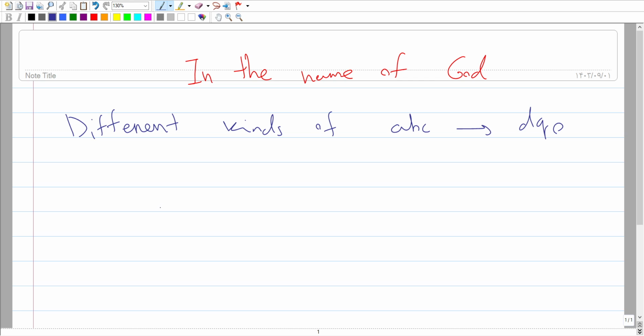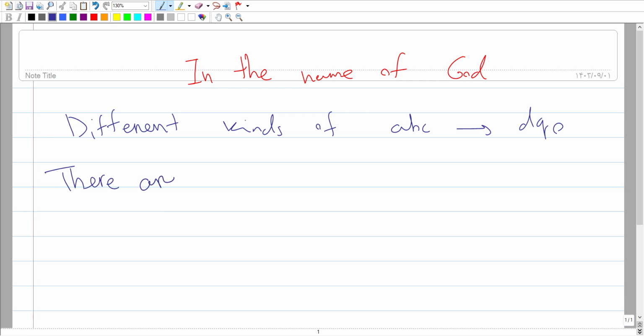The reason is we have several versions of ABC to the arbitrary reference frame transformation. And the causes for this difference are, so let me write.